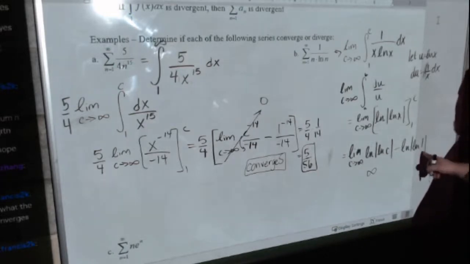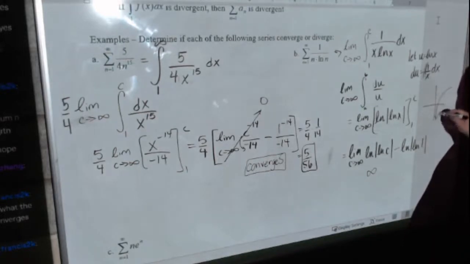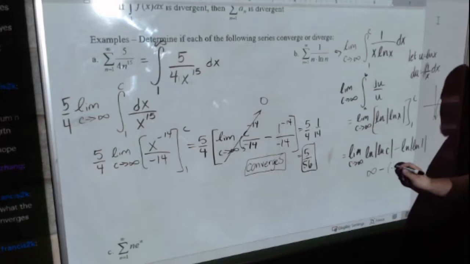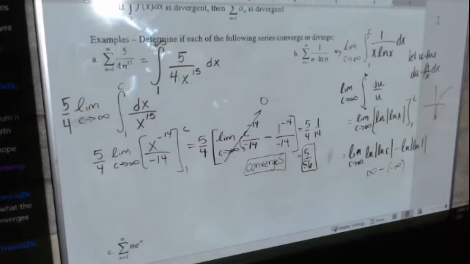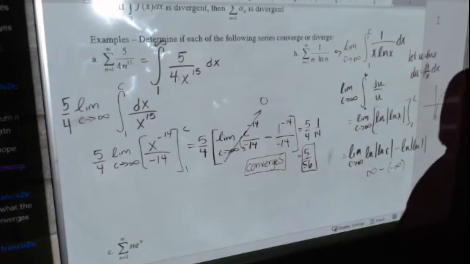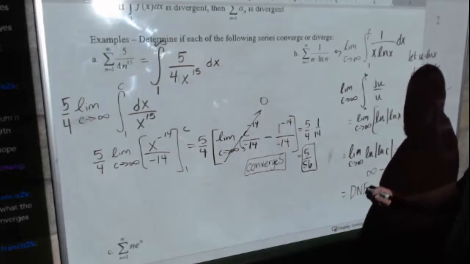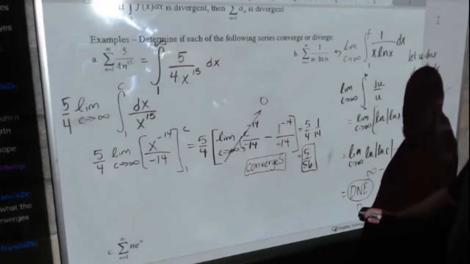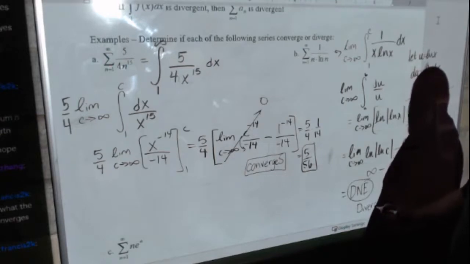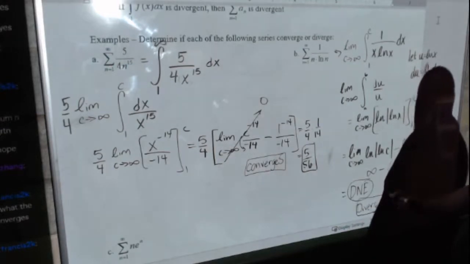Natural log of 1 is 0. Natural log of 0 is undefined, or if we thought about what the graph looked like, it's actually minus infinity. So I'm going to say does not exist, and therefore the integral and the sum diverge.